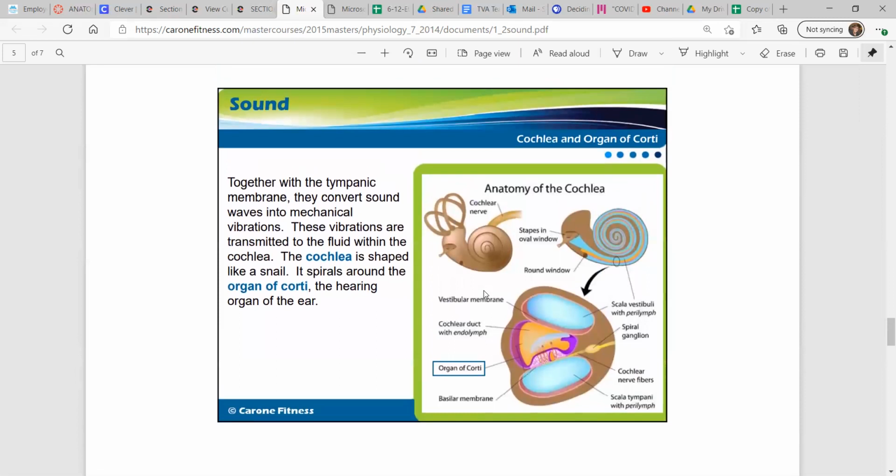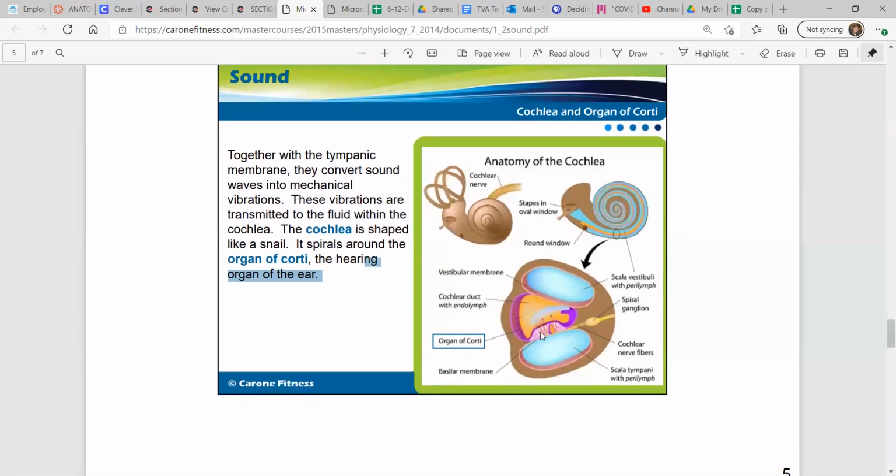These vibrations are transmitted to the fluid within the cochlea. The cochlea is shaped like a snail right here, and it spirals around the organ of Corti. And the organ of Corti is the hearing organ of the ear, right there.